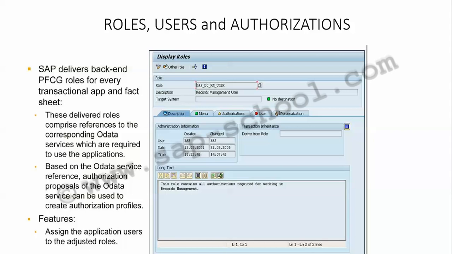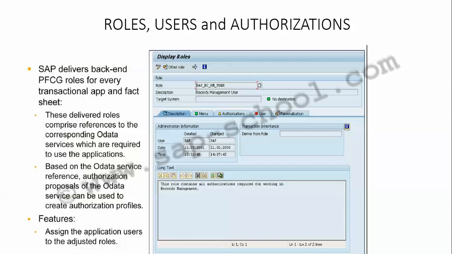So if I go to my backend system, and if I go to the transaction PFCG, in PFCG basically we have all the roles which are provided by SAP as default roles. So I can choose any of the roles here.